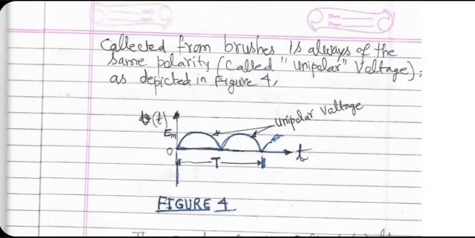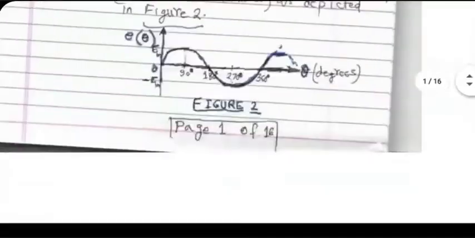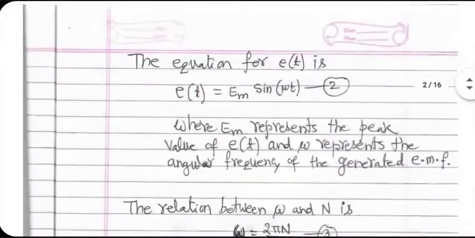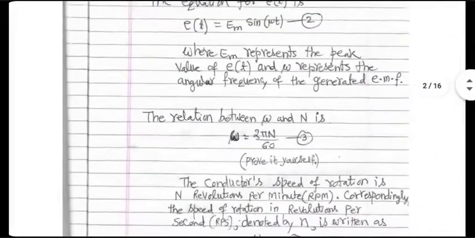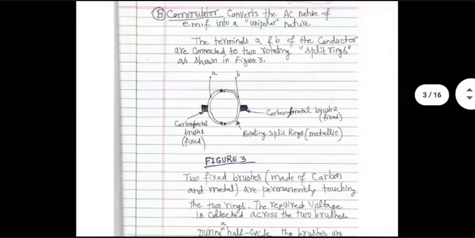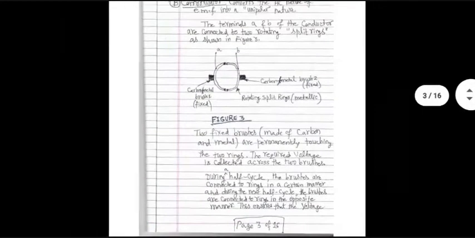So to improve that, we use a large number of loops, all sharing the same center and all rotating at the same omega or at the same RPM. Then each loop will generate some EMF, and all those EMFs will add up to give you a larger EMF. This is how real life DC generators are built. Single loop will never be sufficient.